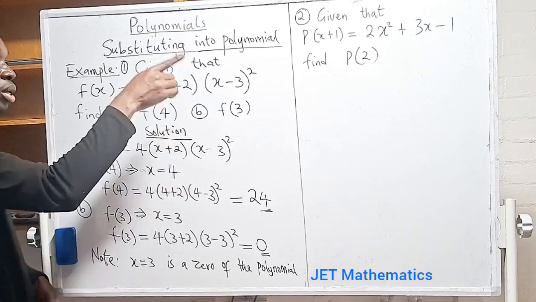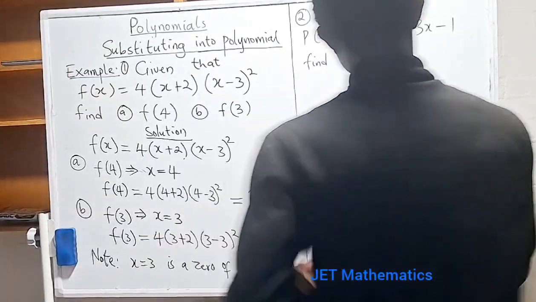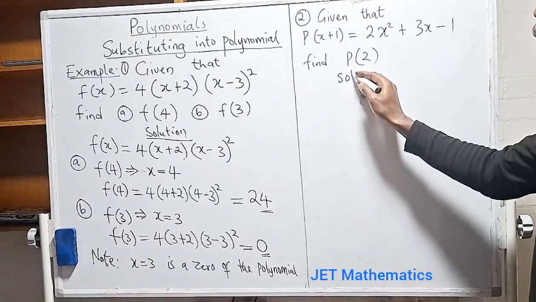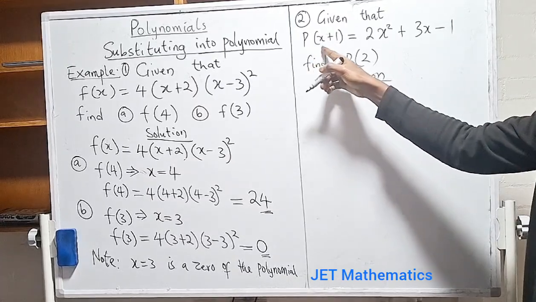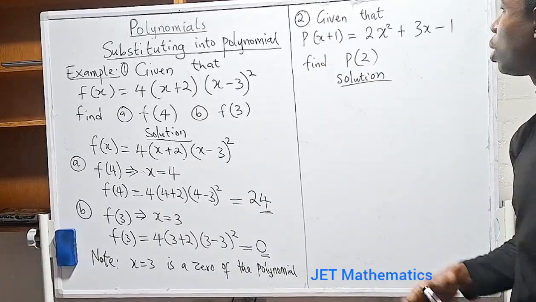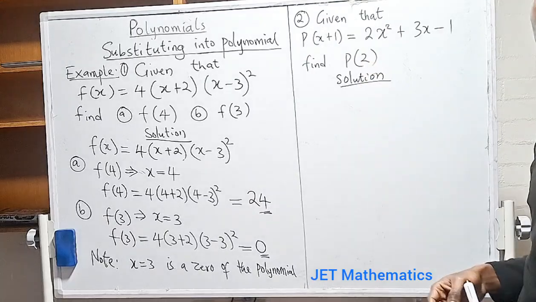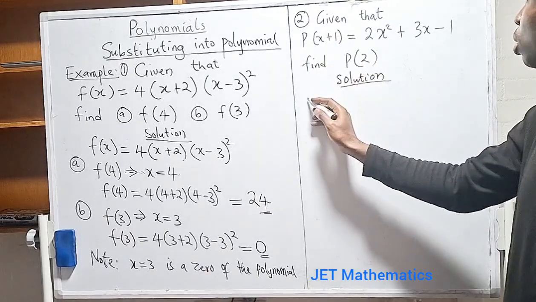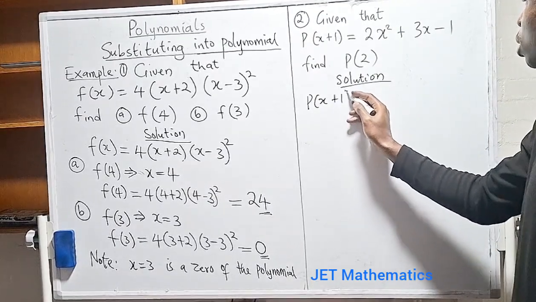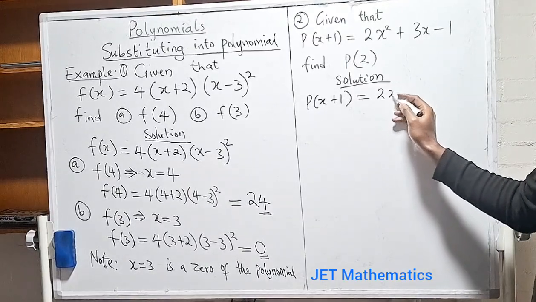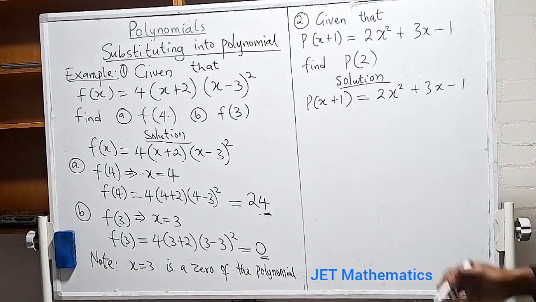All right, so quickly let's see how to solve the second example. In the second example, we have a polynomial p of x plus 1 is equal to this, and then we're asked to look for p of 2. So we have the function p of x plus 1 is equal to 2x squared plus 3x minus 1.